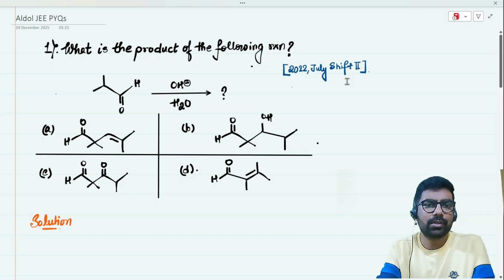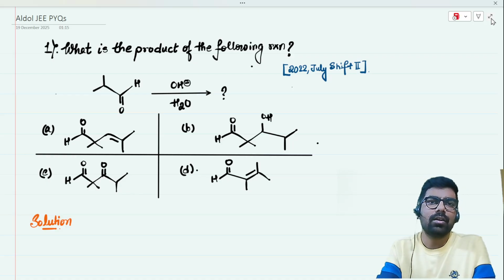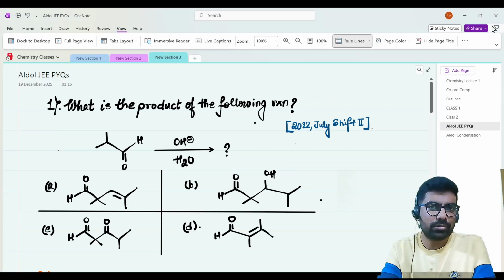Okay, the first one, if you can solve this one, well and good. This is also a simple aldol condensation question that came in 2022. Most of the questions that we will be doing will be recent questions after 2020, so you get a clear idea how the questions are coming and how to solve them. So I hope that you have learned a good deal today, and that's all.